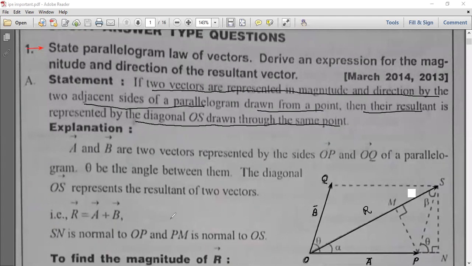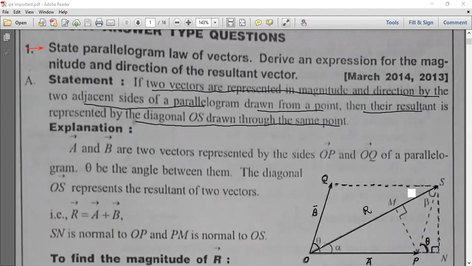Now, just extend this diagram, because we have to complete this parallelogram. So I am denoting with these dotted lines. And I am drawing one perpendicular here, that is S to N. You can see here, this is perpendicular. And this angle is theta.